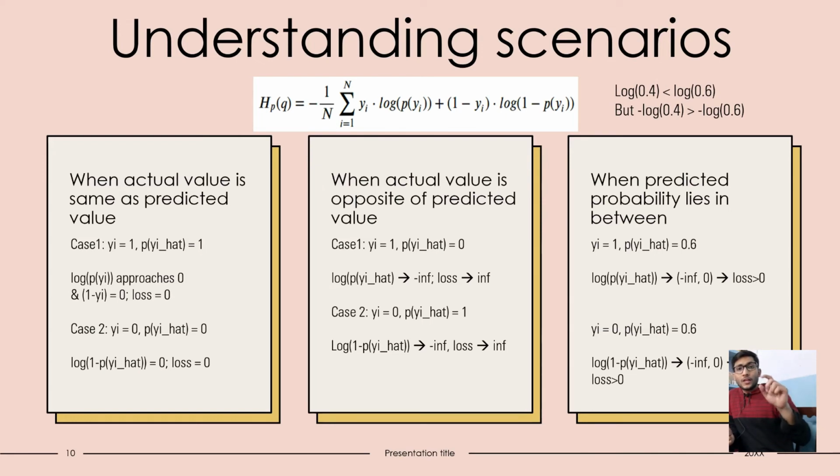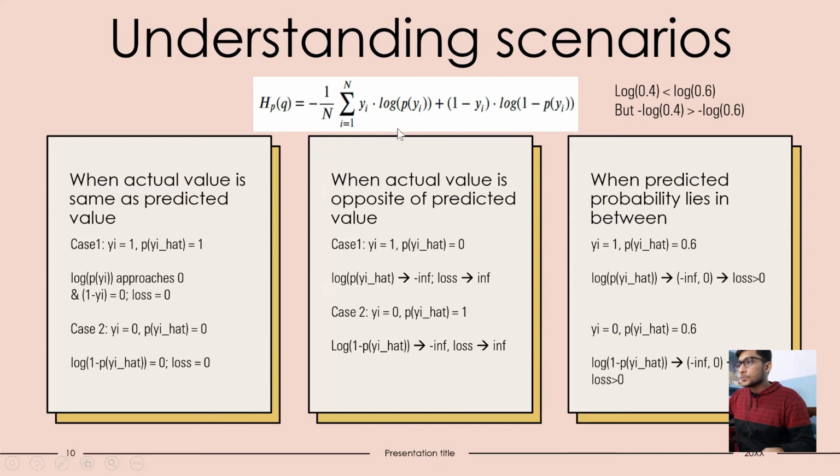That 0.4 is going towards the negative class, which you don't want. So you must have a certain non-zero loss in that scenario. How would that play out? Your log of p of yi component would be a certain non-zero value, and because your yi is 1, the other component would be 0.